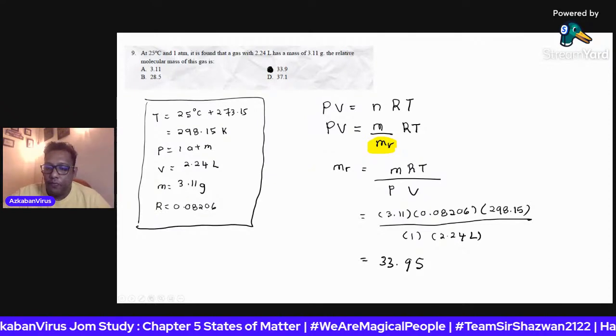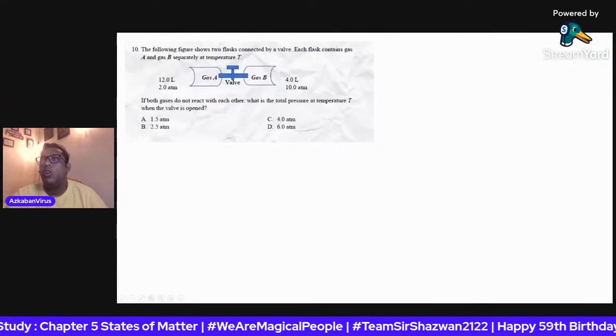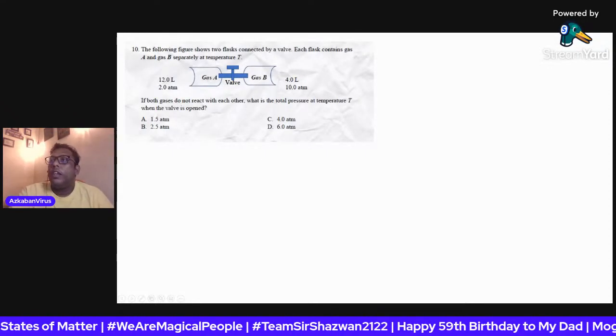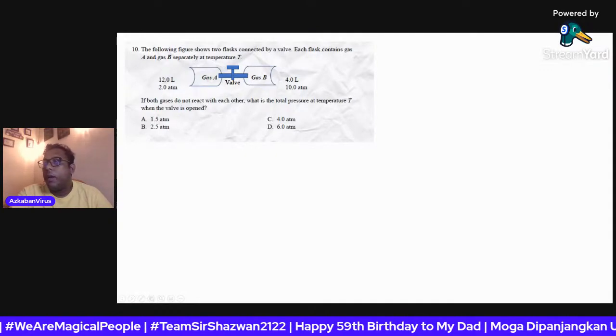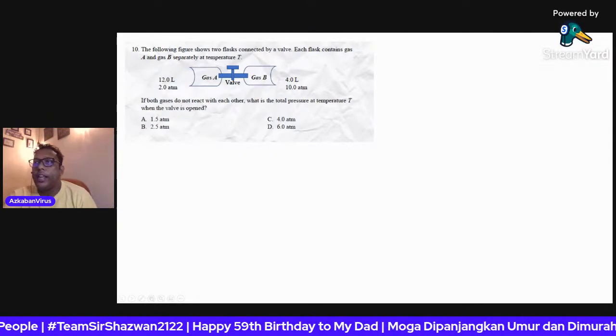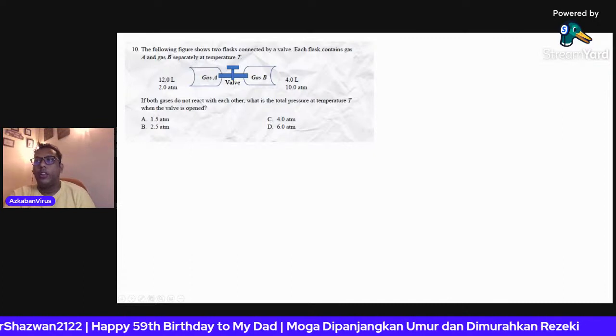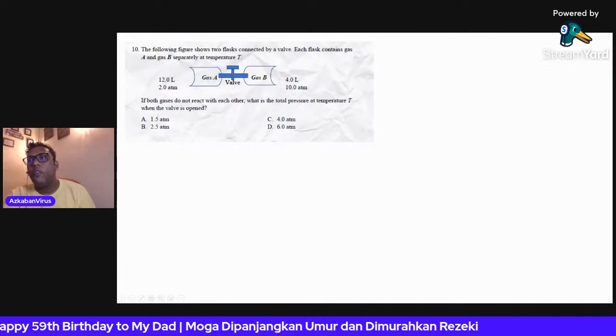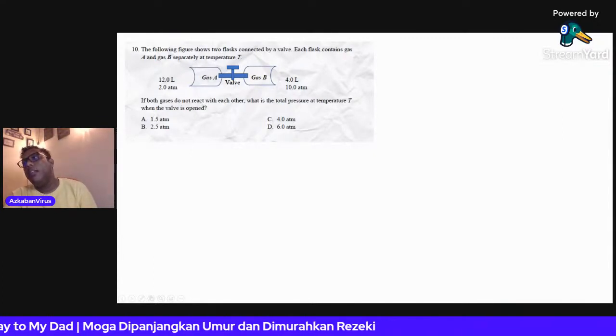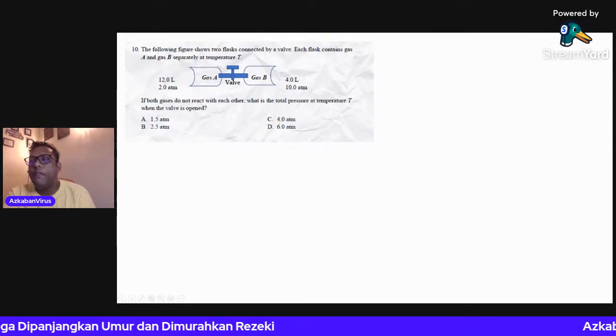Okay. Teruskan soalan 10. The following figure shows two flasks connected by a valve. Each flask contains gas A and gas B separately at temperature T. If both gas do not react with each other, what is the total pressure when the valve is open?